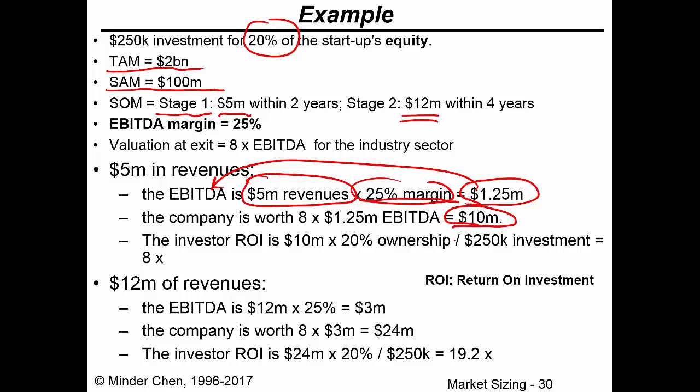In this case, it is $10 million. So 8 times 1.25 million equals $10 million. So in this case, the investor's ROI, a simple calculation. The investors will get 20% out of this valuation if we sell the company, which will be, let's say, $2.5 million.